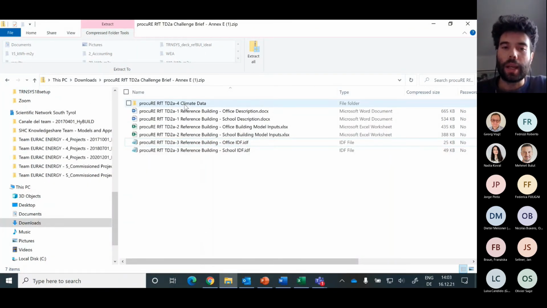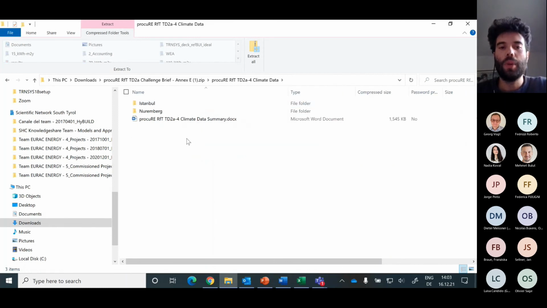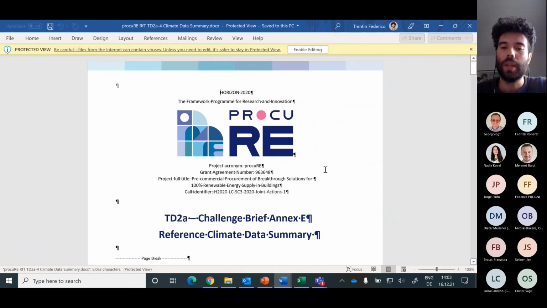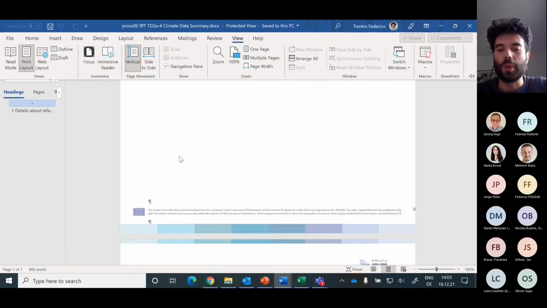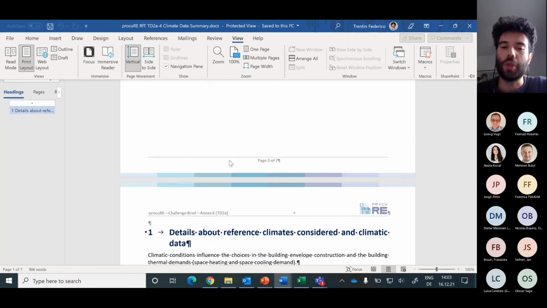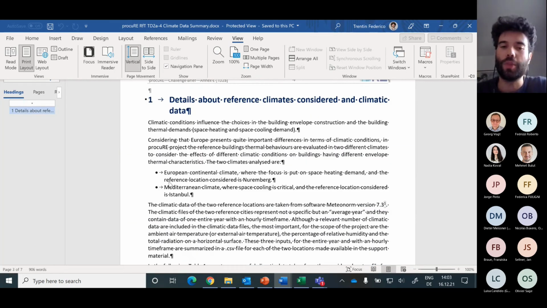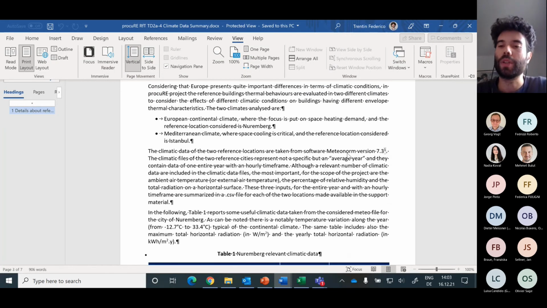Lastly, regarding the climatic data made available, as already said, we have a Word document that basically contains an explanation of the data analyzed, of the locations considered, and where the data are taken from. They are taken from the software Meteonorm, and here we have a reference to the considered version.